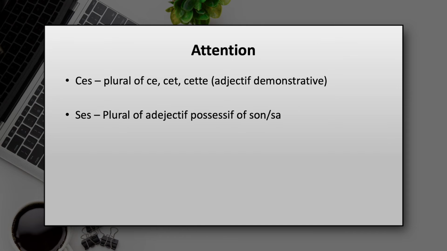Ce livre means this book. Cette école means this school. Cette chemise means this shirt. So, this ces refers to these, like in the previous example, ces crayons. Ces crayons means these pencils, and ses is the plural of the possessive adjective son and sa.